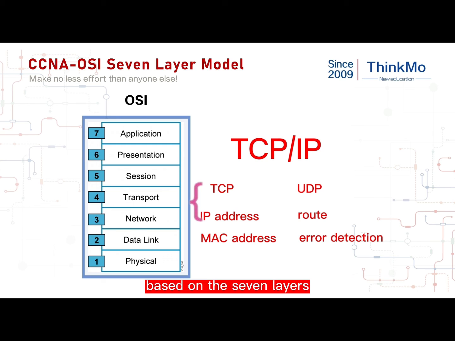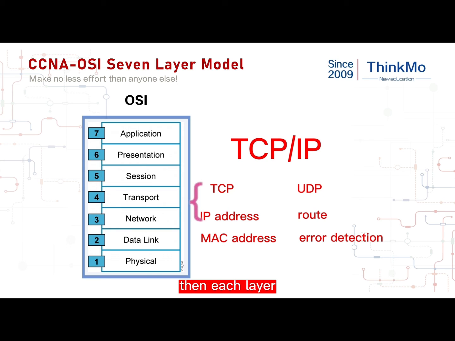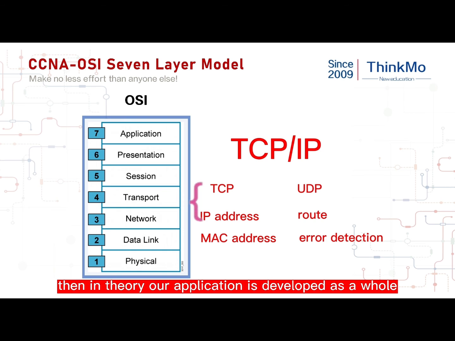Based on the 7 layers of the OSI reference model, each layer can solve the problem of that layer. The development cycle of a program is relatively long, and each layer has to choose a specified protocol. In theory, our application is developed as a whole.